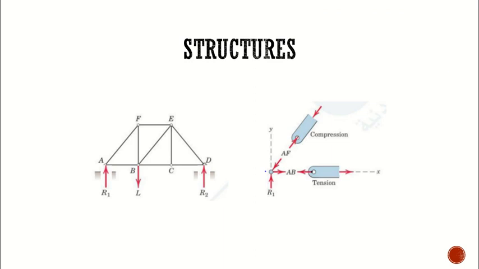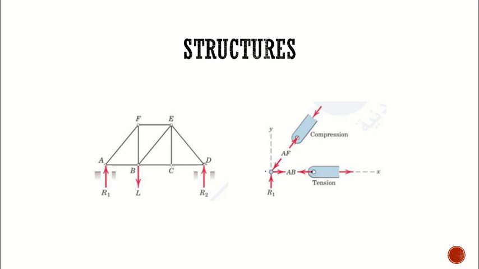The method of joints consists of analyzing the equilibrium conditions in a truss using two independent equilibrium equations. The first says that the sum of forces in y is equal to 0, and the second that the sum of forces in x is also equal to 0.